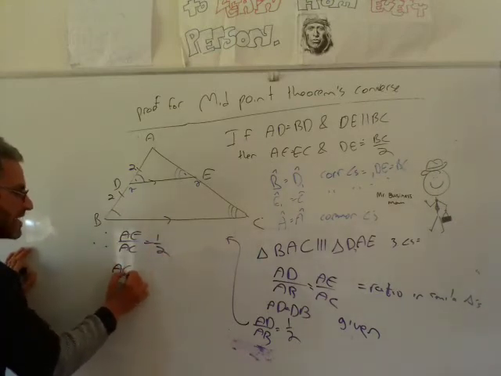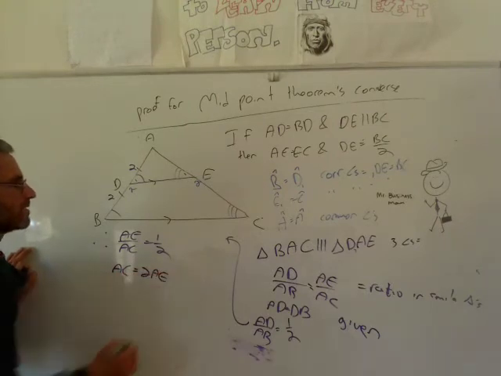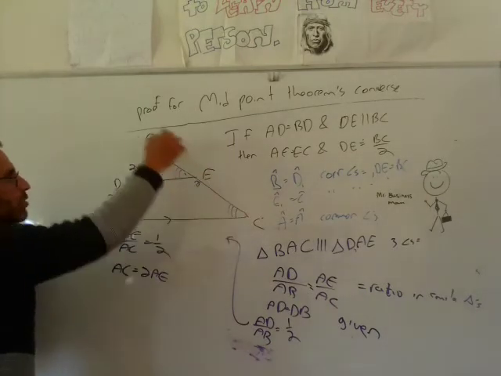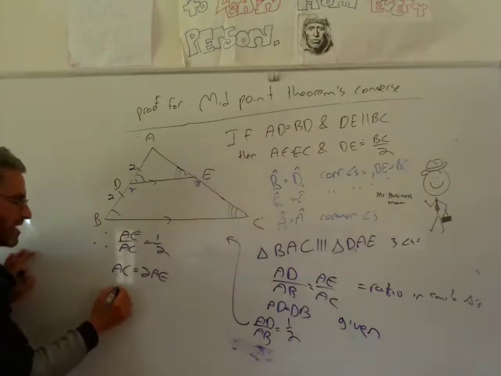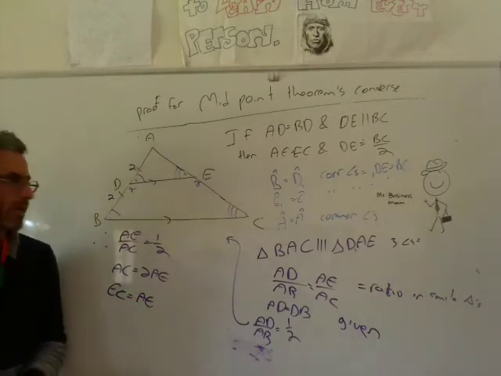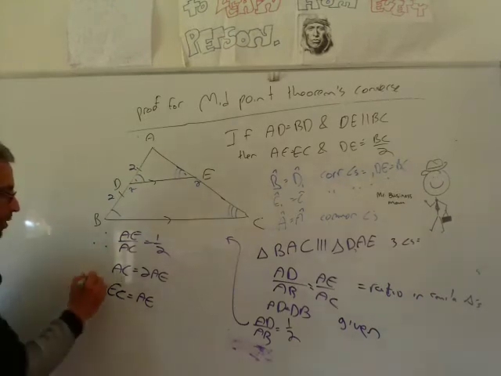So I can see that AC is going to be equal to 2AE. AC is equal to 2AE. So what does that mean EC is equal to? Also AE. Okay, so that was one thing that I wanted to prove.